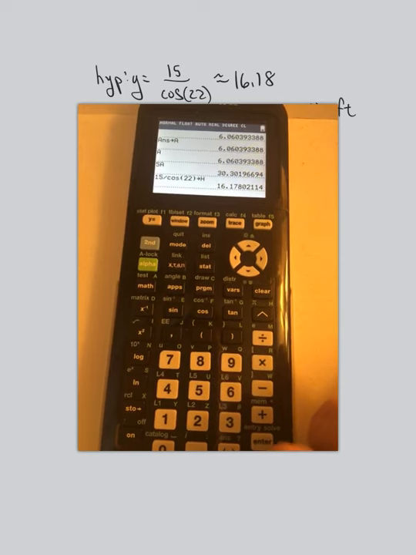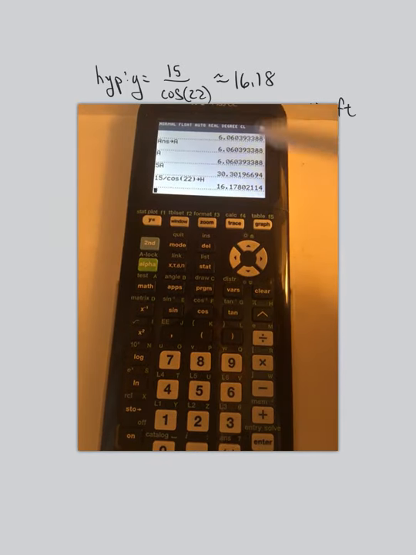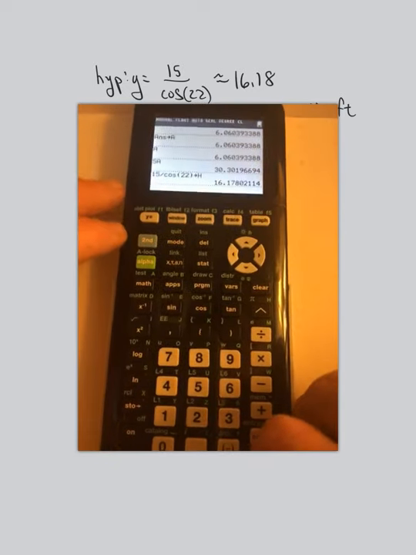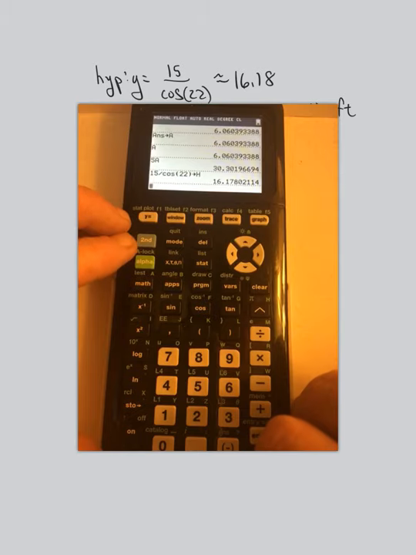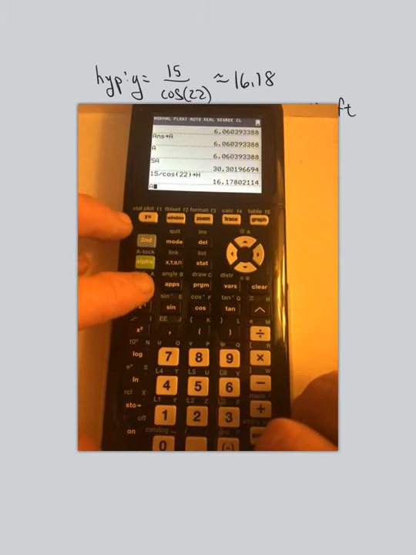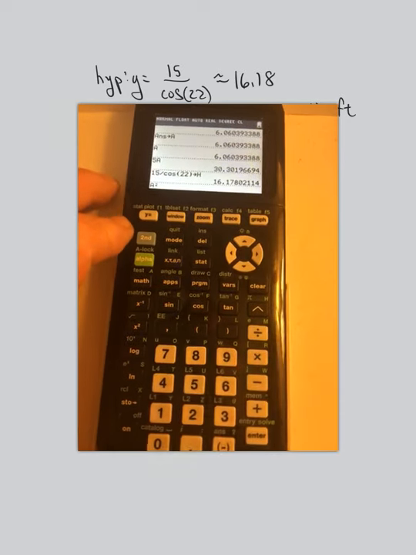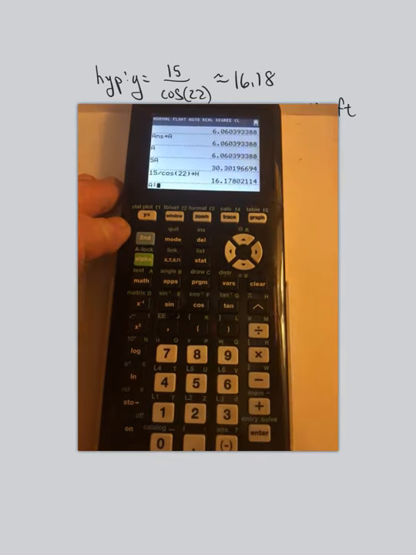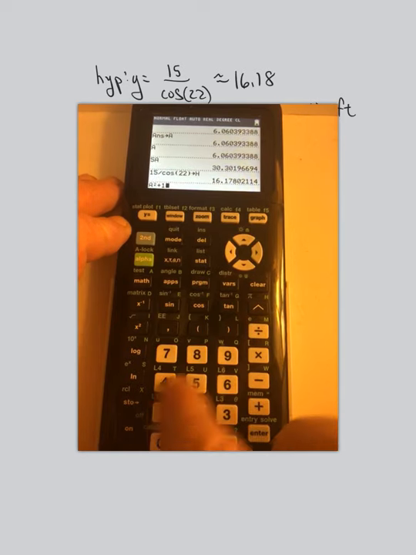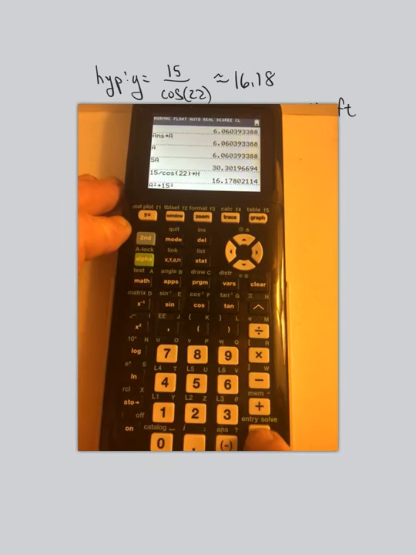Now, if we did our work correctly, then this squared plus 15 squared should equal this squared. Instead of typing in that 6.06 like I did, I can just tell the calculator to do a squared, and it's going to square that entire number. Then the left side was plus 15 squared, so I hit enter.